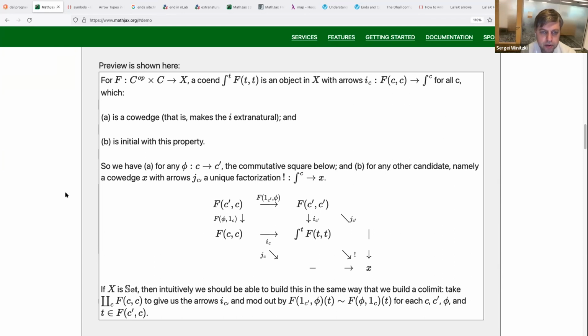Cool. Anything else? Just as a meta comment, there's a LaTeX package, TikZ-CD, that's good for drawing commutative diagrams.